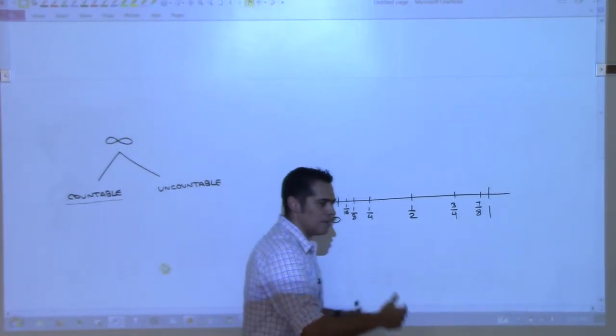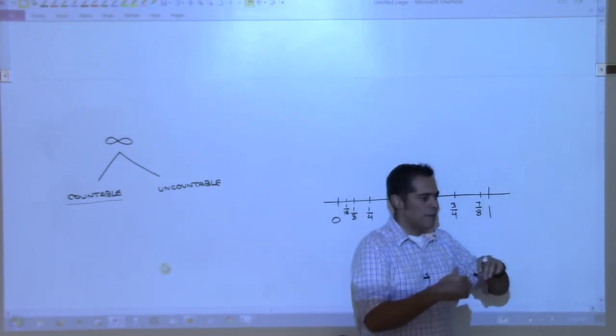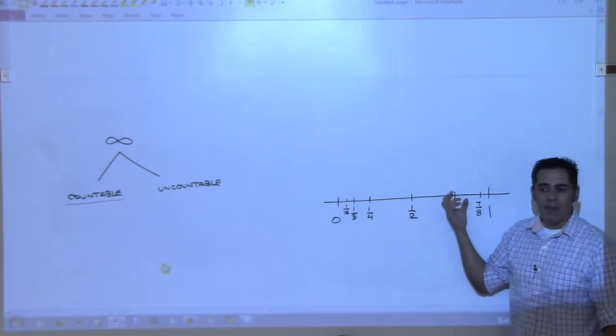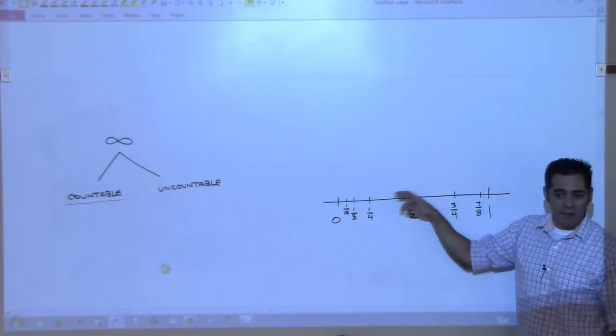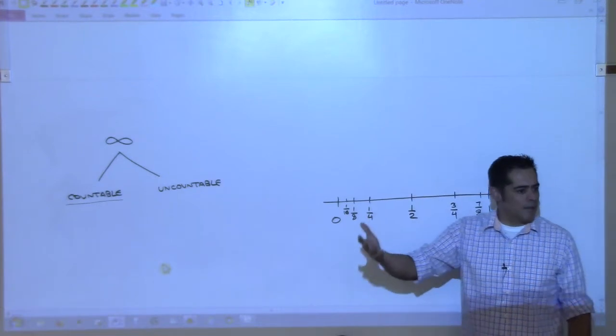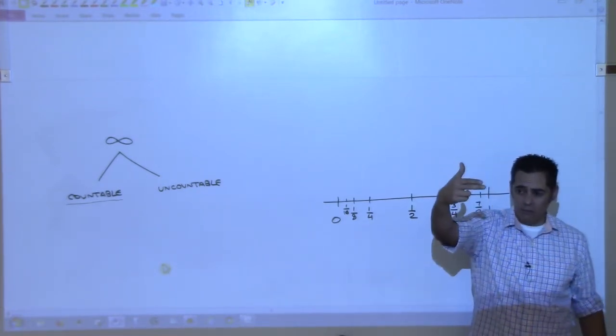You could jump from one fraction to the next and just work your way through, stepping on all the fractions, working your way across. You would never make your way across though, but you could step across the lily pads, all right? That's countable. Another example of countable is just start counting: 1, 2, 3, 4, 5. That's infinite, right? But it's countable.